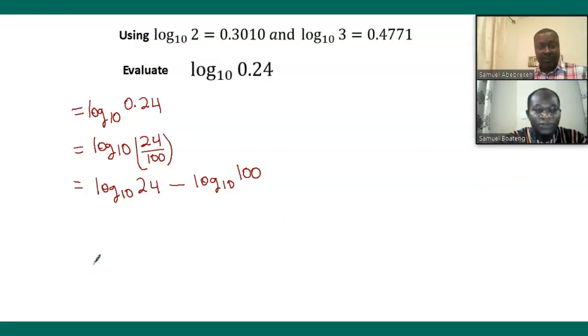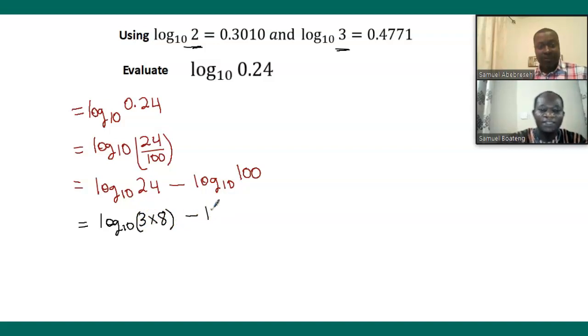So we still have to go ahead and break 24 in terms of log 2 and then log 3. So log 24 can be written as 3 times 8, minus log 100, which can be written as log 10 to the power 2.